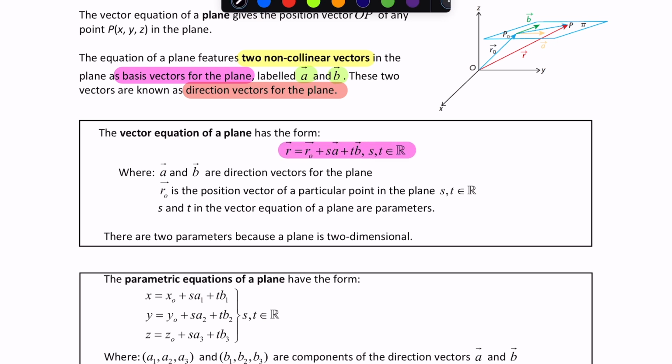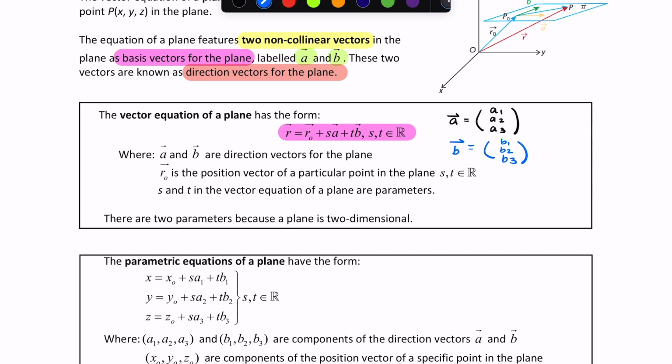Vector a is provided for us, with three components, a1, a2, and a3, and the same with vector b, with the three components b1, b2, and b3.